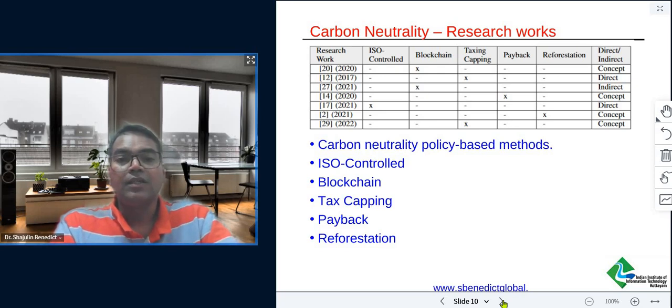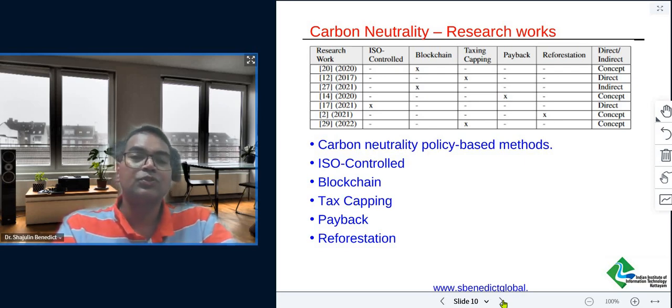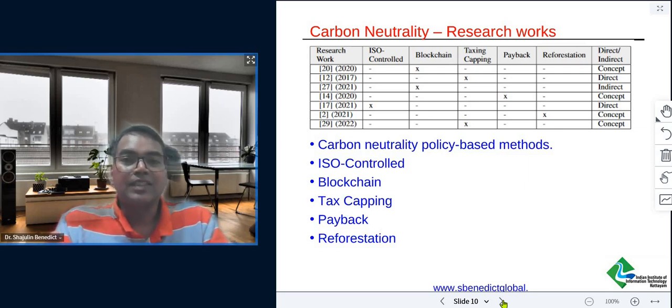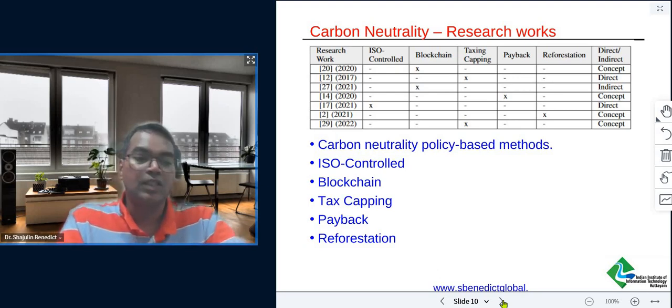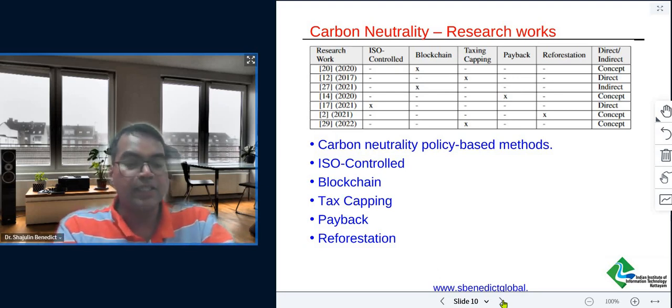So they fixed some kind of capping to carbon emissions. Beyond that, you are not allowed to emit carbon. The taxing is fixed for each and every application, and if it is beyond that, then the penalty will be very, very high, and it can even create a lot of punishments to the defaulters.